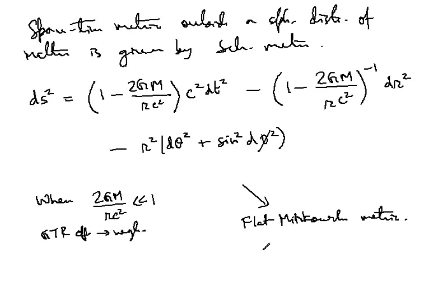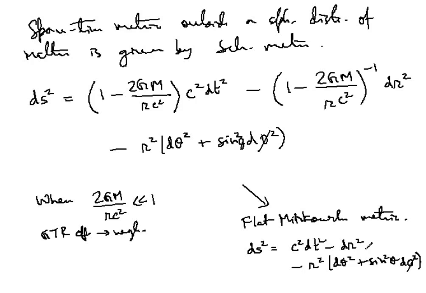And what's the flat Minkowski space-time metric? It's basically your ds square is equal to c square dt square, minus dr square, and minus r square into (d theta square plus sin square theta d phi square). Right?